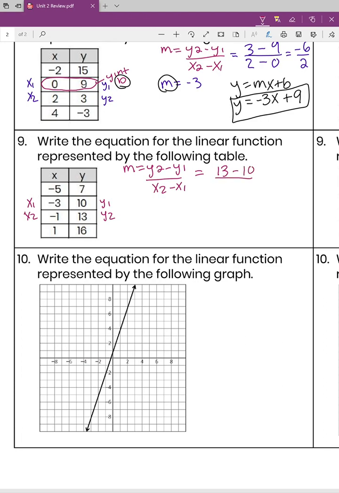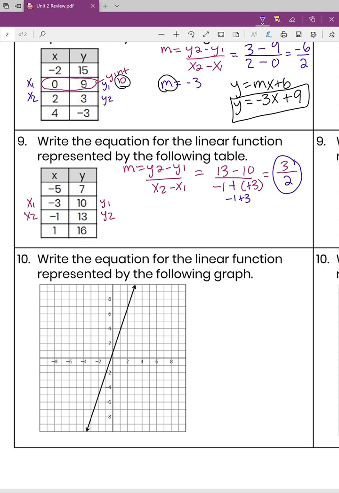And then x2, which is negative 1, minus x1, which is negative 3. So if I was to simplify this, 13 minus 10 is 3. And negative 1 minus a negative 3, this minus a negative turns into plus a positive. So this is the same as saying negative 1 plus 3, which is 2. So this is our slope.